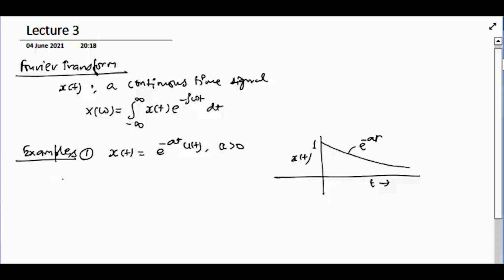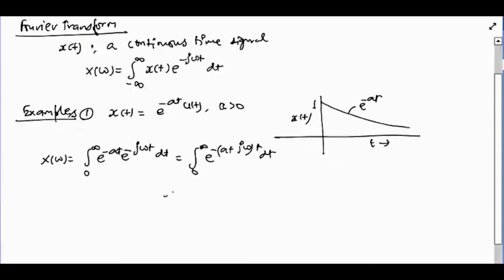Okay. If we apply the above definition, we see that X(omega) is the integral from 0 to infinity of e raised to minus a t times e raised to minus j omega t dt, which is the integral from 0 to infinity of e raised to minus (a plus j omega) t dt, which in turn is minus 1 over (a plus j omega) times e raised to minus (a plus j omega) t evaluated from 0 to infinity, and this is equal to minus 1 times minus 1 over (a plus j omega).